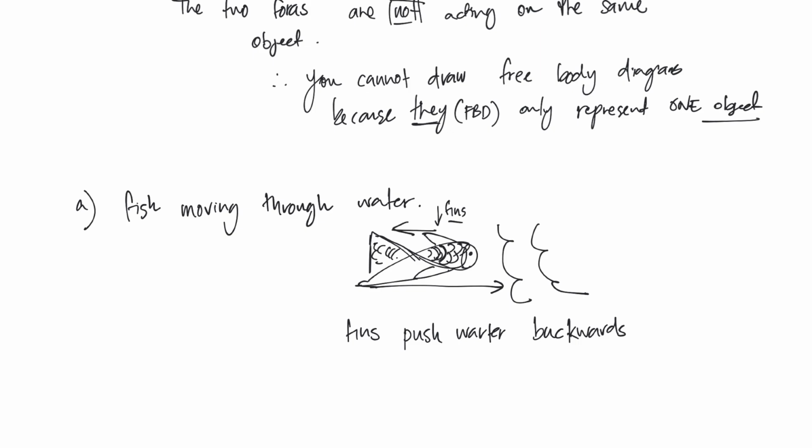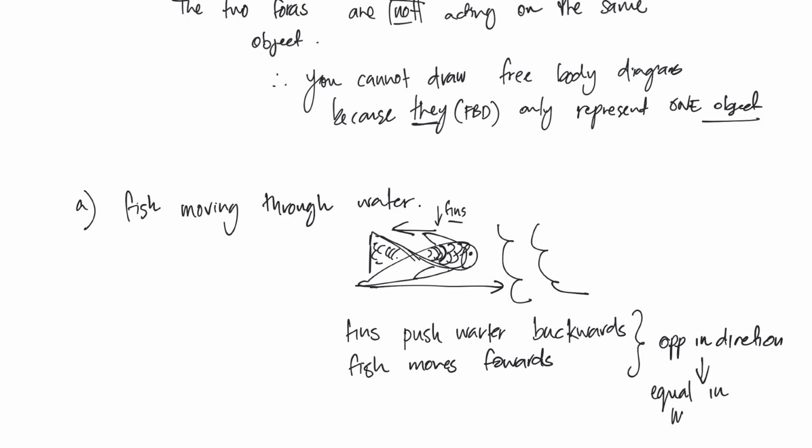And by pushing backwards, the fish moves forwards. Now these forces, we can see they're opposite in direction. And you must also note that they are equal in magnitude. That means they're equal in size, if you're forgetting what magnitude is.